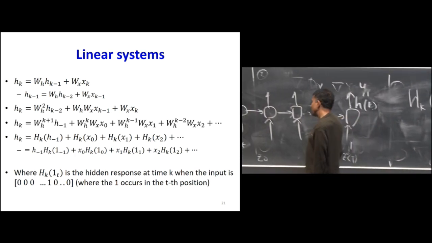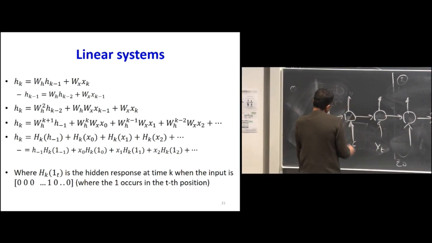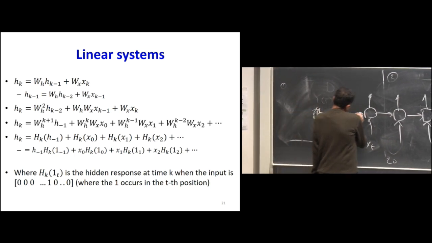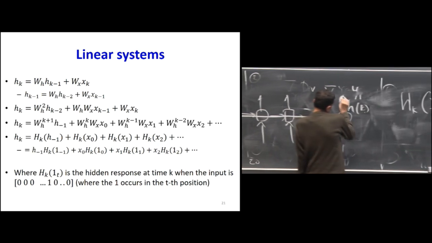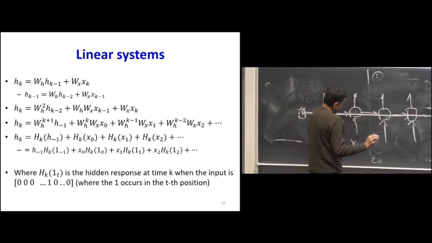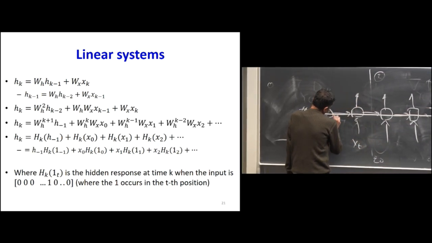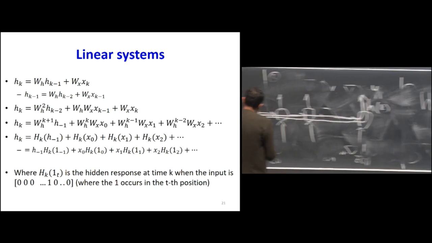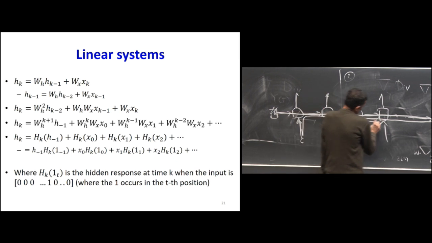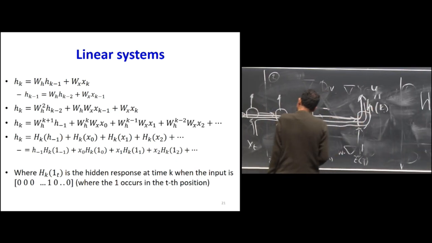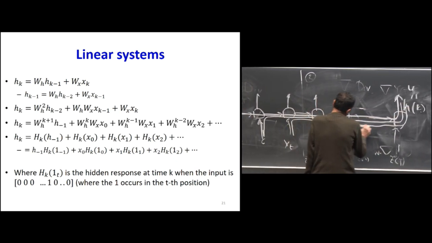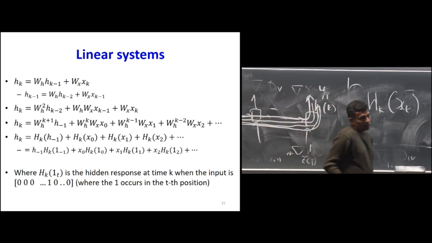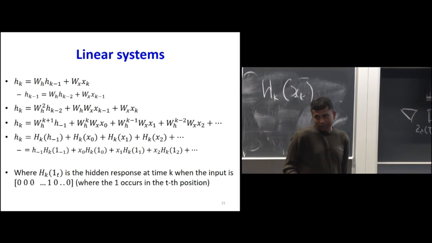So the output is going to be whatever happened because of this, plus whatever happened because of this, plus this, plus this. Basically, each new input is just contributing additively to the output.